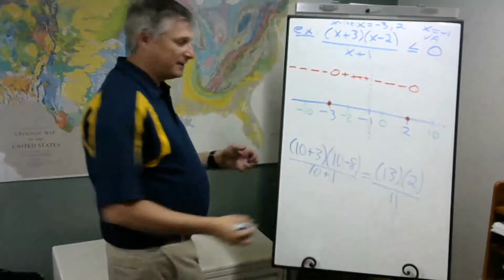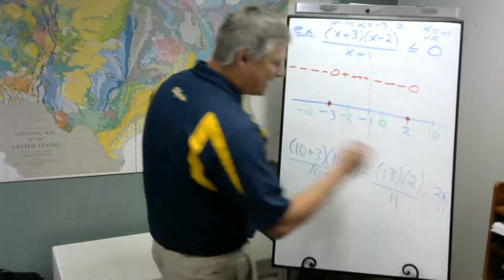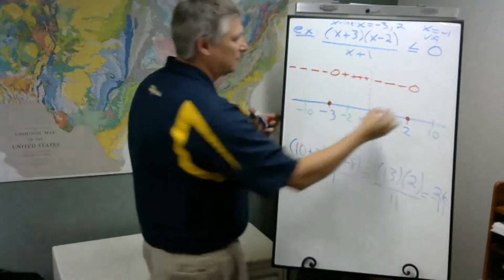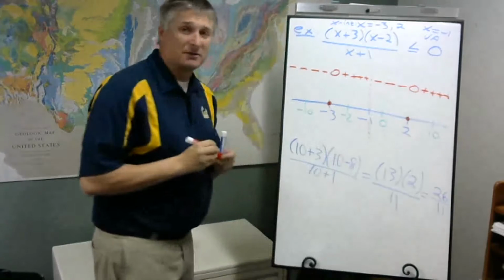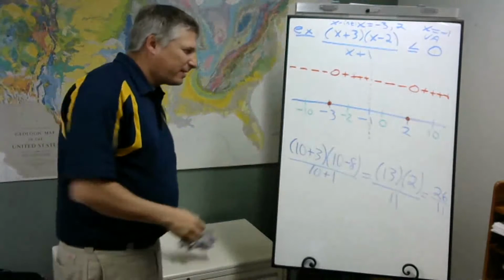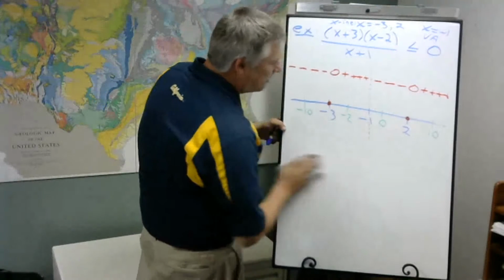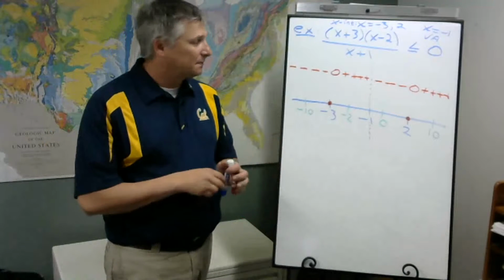And so 26 divided by 11, well, that's going to be 26 11ths. We'll just leave it at that. But the point is it's positive. So the function here is positive. So again, we haven't graphed this function. We don't know exactly what it looks like, but we do know where it's going to be above the x-axis and where it's below the x-axis.